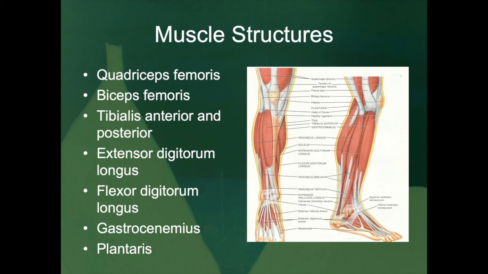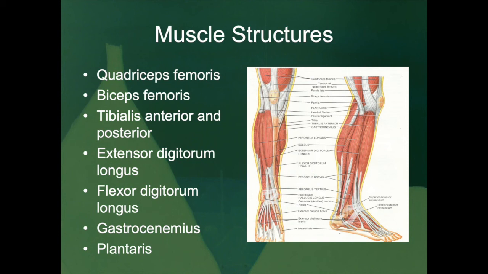We have the extensor digitorum longus, another important muscle, again associated with movement of the foot and toes. The extensor digitorum longus will originate with the lateral condyle of the tibia and a portion of the fibula, and then it will insert with the middle and the distal phalanges of the fourth to the outer toe. So the idea here is that it's giving us that kind of lateral leverage.